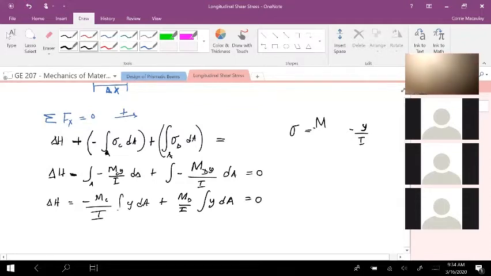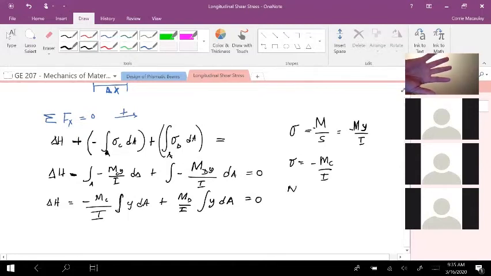All right. Now, I wanted to put it in this form because I'm hoping you all remember, if I come over here, this was M over S equals MY over I. I'm hoping you all remember when we talked about bending stresses, right? We use MY over I or MC over I, right?